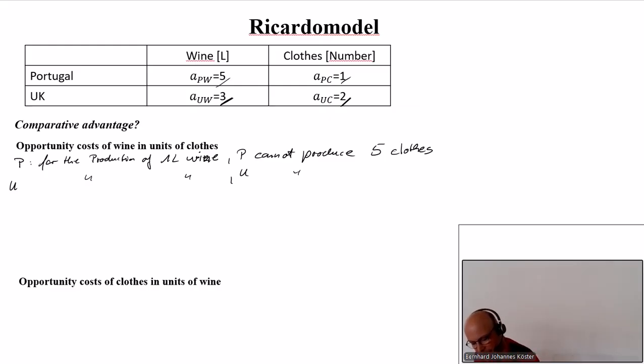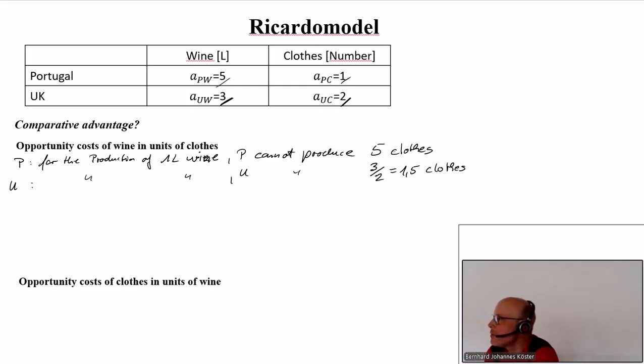So it cannot produce 3 over 2 equals 1.5 clothes. Oh, sorry, I turned it the other way around. Here we have the opportunity. No, it's right. The opportunity cost of wine in units of clothes.